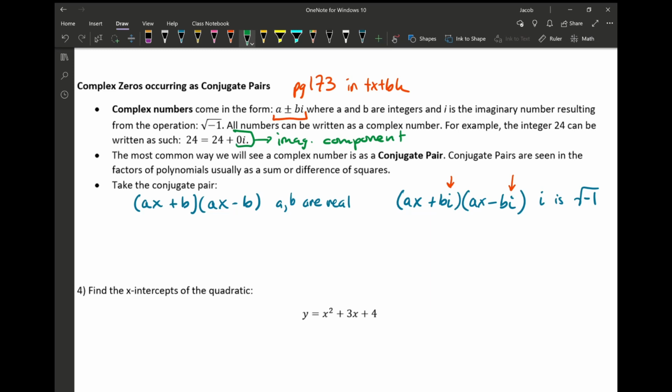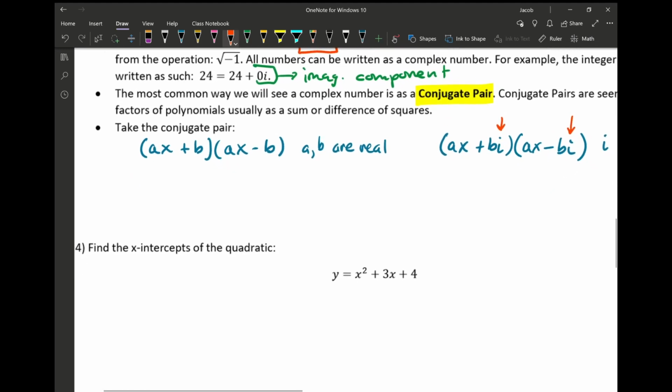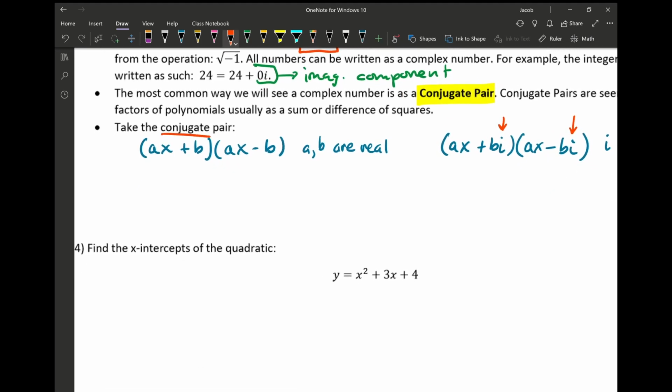So the most common way we will use these in NTI for our pre-calc class is as a conjugate pair. And these conjugate pairs are seen as factors of polynomials, usually as sum or difference of squares. And sum or difference of squares happens so much that it's really important to know what a conjugate is.